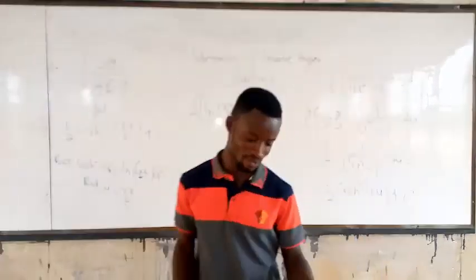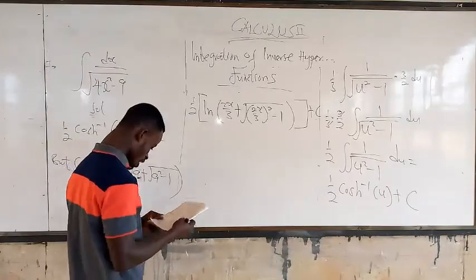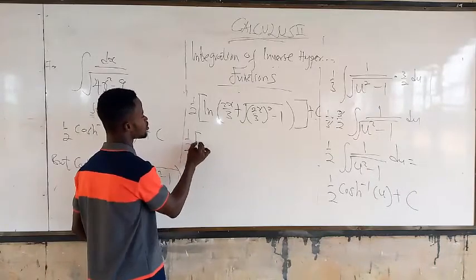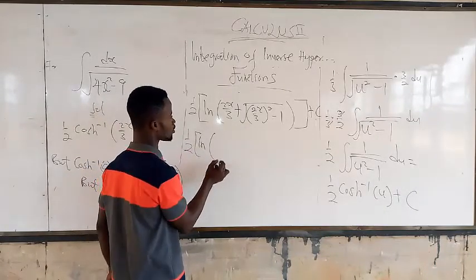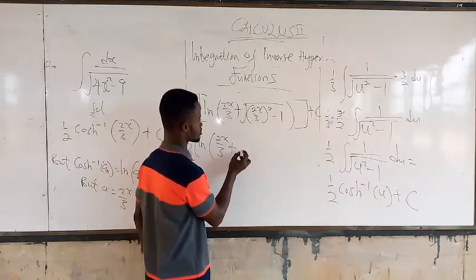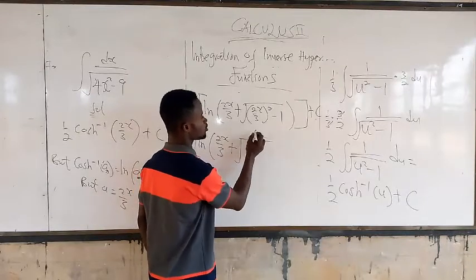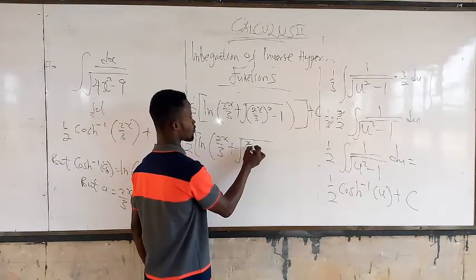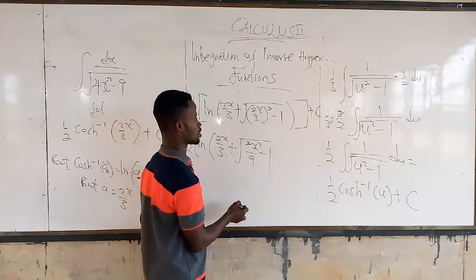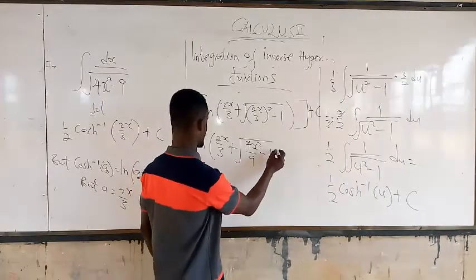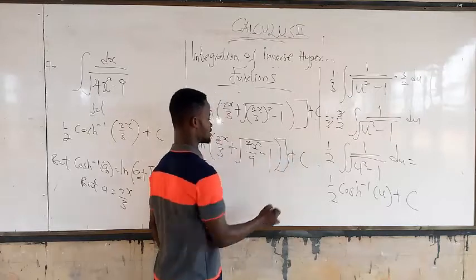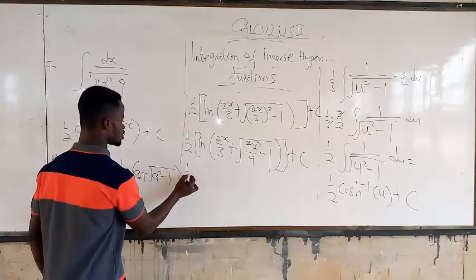Oh, I love maths. Now let's apply our algebra here and move on. Here we know that we can get 1 over 2 ln of 2s over 3 plus the square root of 4s squared over 9 minus 1, plus c. Beautiful. Still algebra.